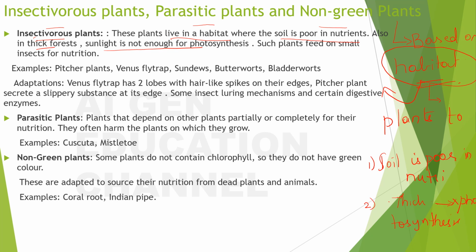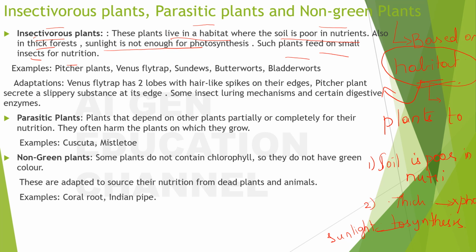You need sunlight. But if there is no sunlight at all, then there is no photosynthesis. So how can the plant survive then if there are no nutrients, no sunlight? And so such plants feed on small insects for nutrition. They will be hungry, right? Like all of us. So the plants, they will feed on small insects for nutrition.